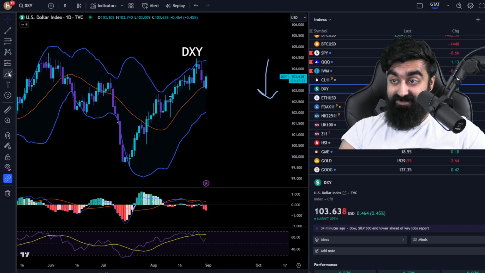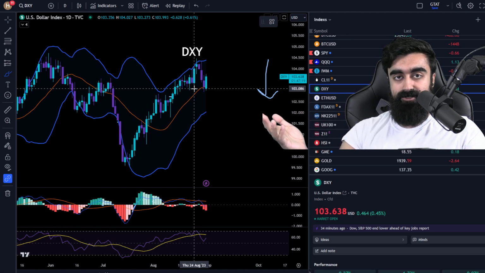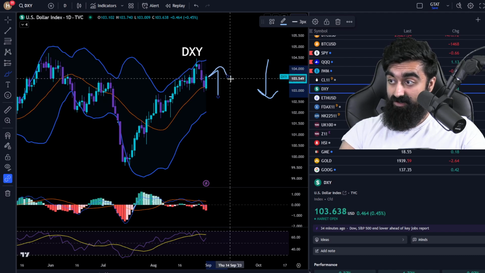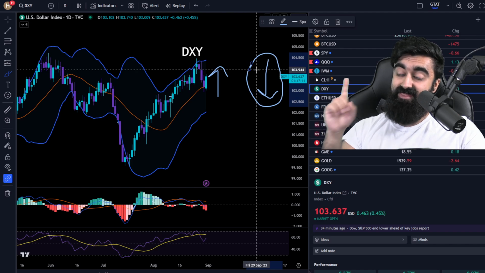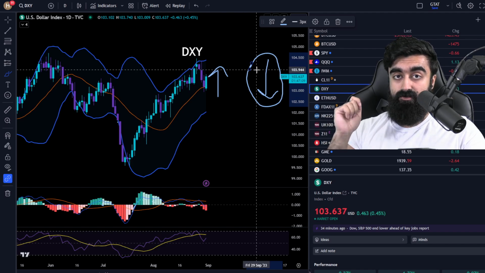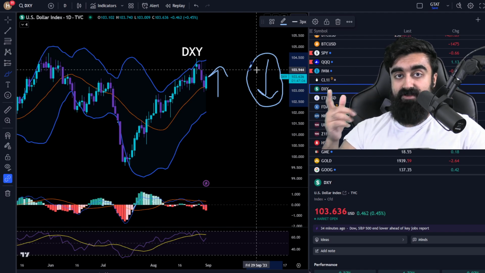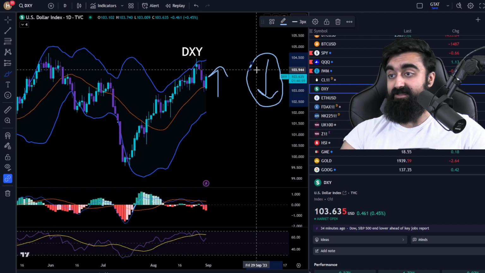This is relevant because the dollar is supposed to have an inverse relationship to the market. So if the dollar is rising and doing well, that means the stock market should be falling. And the fact that the stock market was still holding and continuing to move upwards, I knew that was a very bearish setup, and it was a bull trap. And that's exactly what it was.